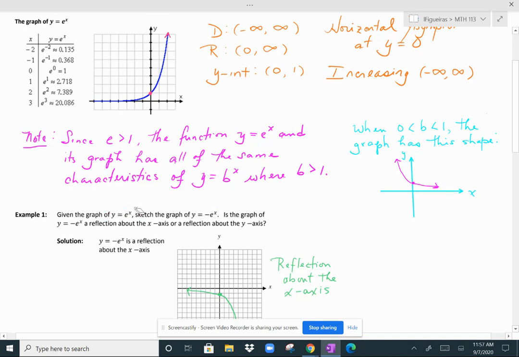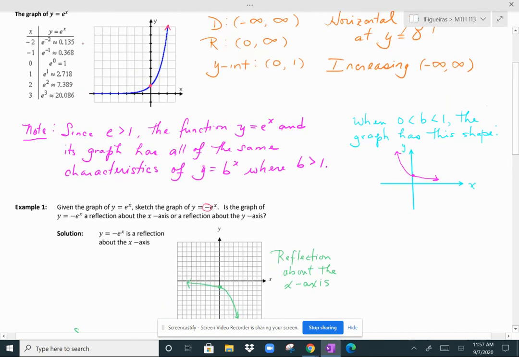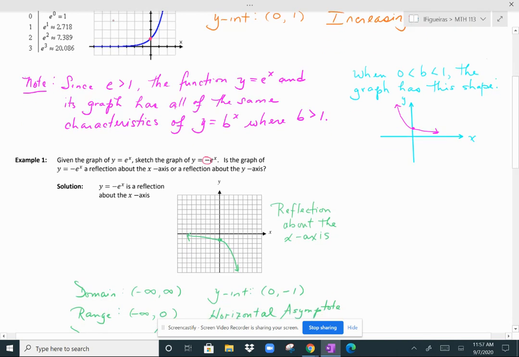So this is actually a reflection about the x-axis, because when you put a minus in front, it means that all of these y values that you see here will be the opposite sign. So your graph is basically a flip of this graph. So imagine flipping this over the x-axis, and that's what your graph would look like.